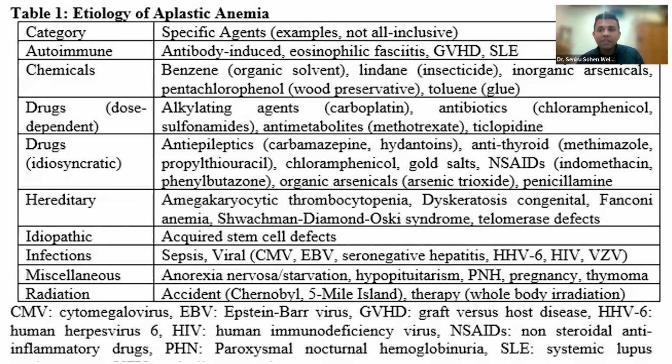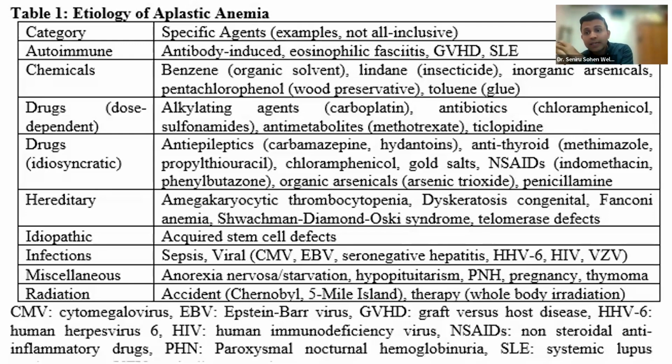There are other hepatitis viruses which may cause aplastic anemia but not cause hepatitis. And there are certain peculiar conditions like anorexia nervosa and paroxysmal nocturnal hemoglobinuria, which goes hand in hand with aplastic anemia, and pregnancy also can cause aplastic anemia.